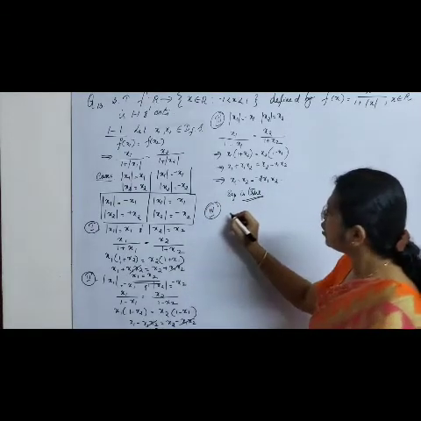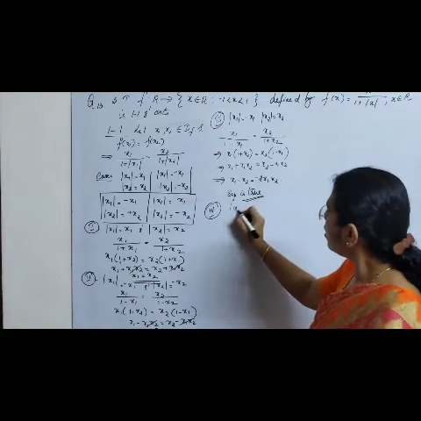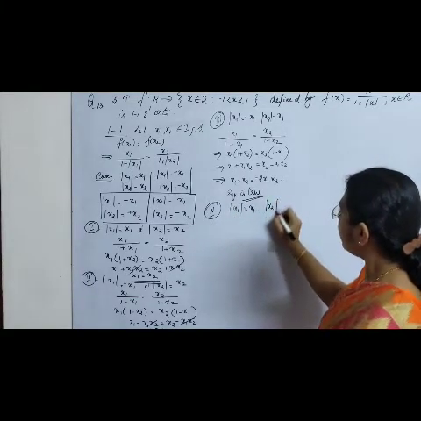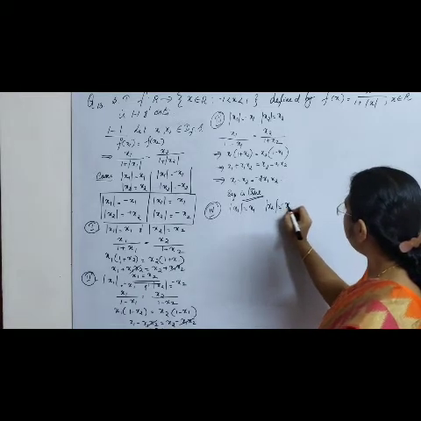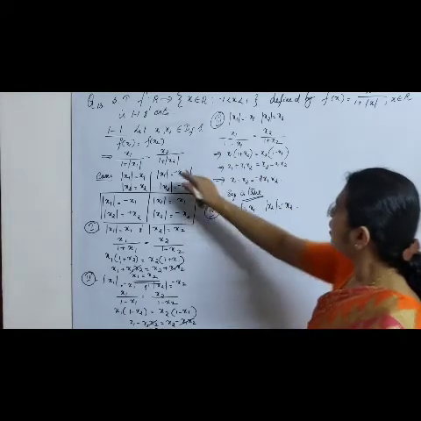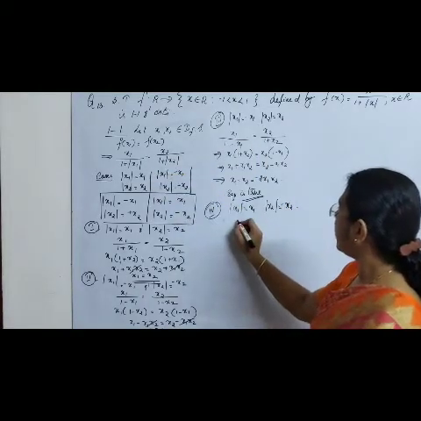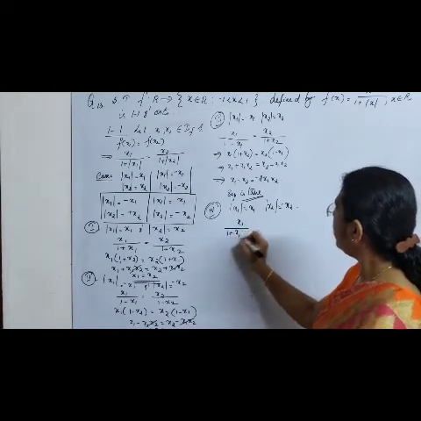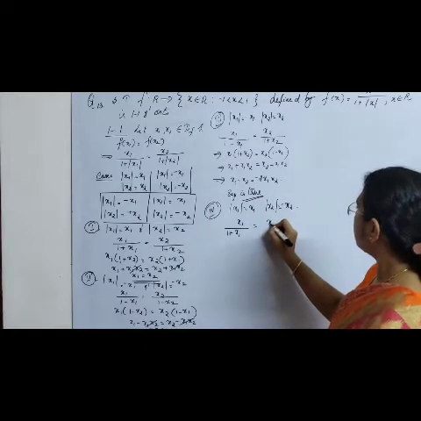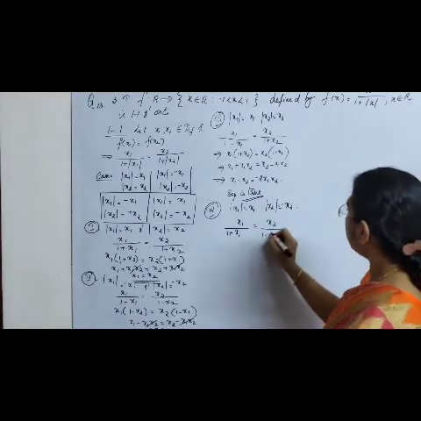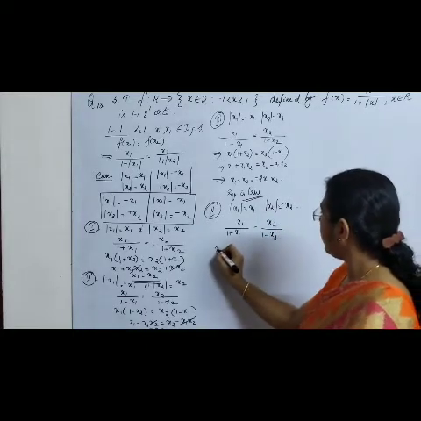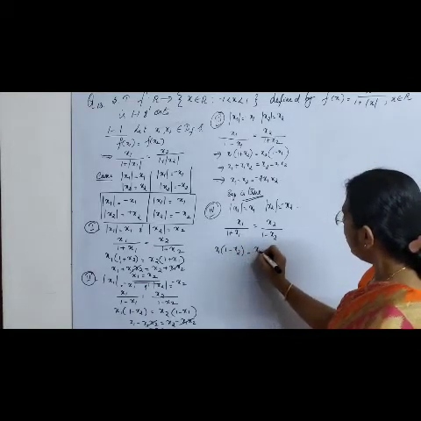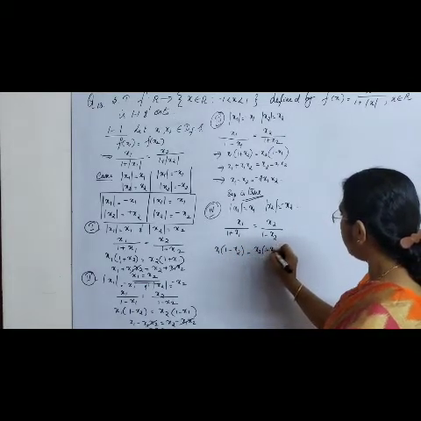Now coming to the fourth case, modulus of x1 is equal to x1, positive, and modulus of x2 is equal to negative of x2. Now substituting in this function, what will I get? x1 is positive, x1 by 1 plus x1 is equal to x2 by 1 minus x2. Cross multiply: x1 into 1 minus x2 is equal to x2 into 1 plus x1.